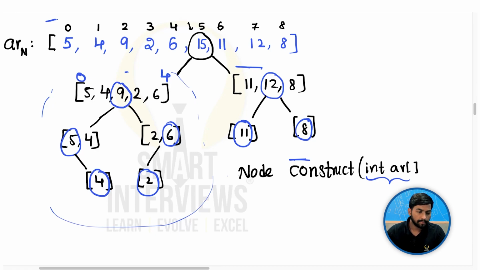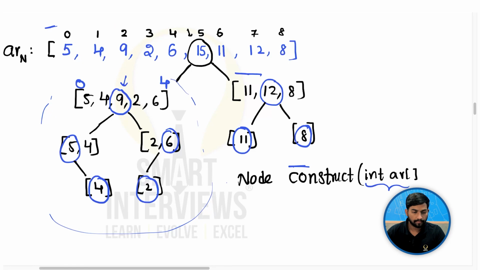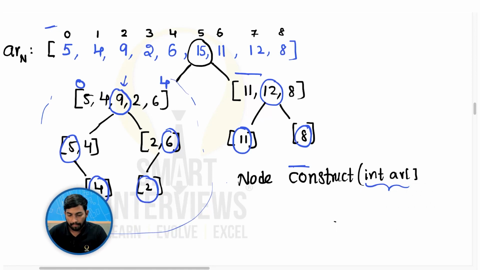Now, to get this node, which is maximum node for the left subtree, you will have to iterate only from 0 to 4, not further. How do we keep track of this? Initially, we'll have to find out the maximum element from the entire array. So let's say we are finding the maximum element with the help of a getMax function.